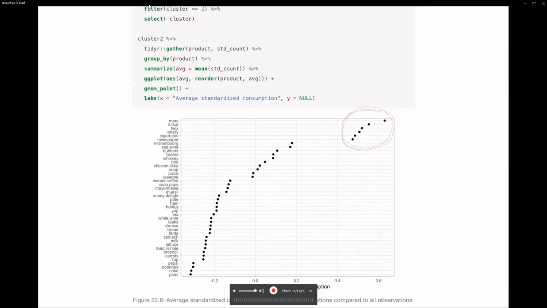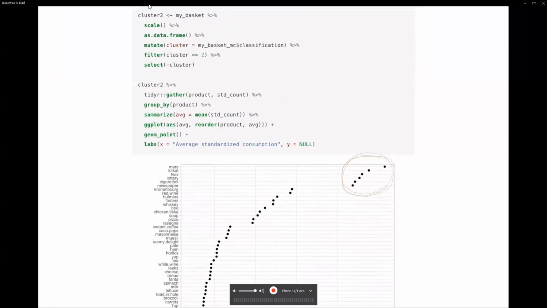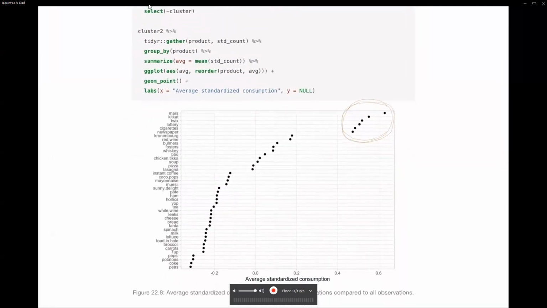As you can see here, when we look at what cluster 2 consists of, mostly these items belong to cluster 2.